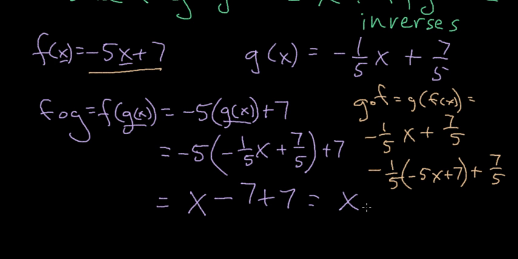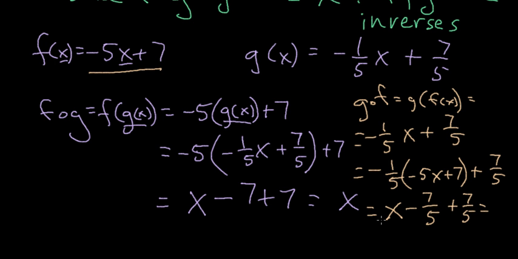What does that equal? Negative 1/5 times negative 5x is a positive x, right? Negative times a negative is a positive, 1/5 times 5 is 1, 1 times x is x. Negative 1/5 times plus 7 is a negative 7/5. And then I have a plus 7/5.